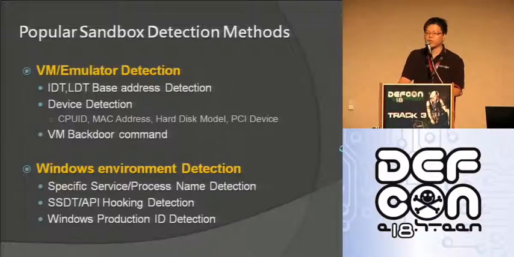So they can try to check whether these specific processes or service names are there or not. Also, they can try to detect whether the kernel mode SSDT or user mode API hooking is present or not. And then the last one is a very trivial one, but works very effectively.